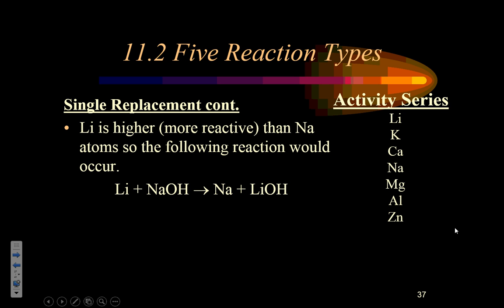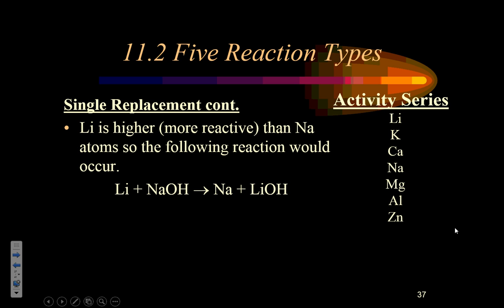If we look at the reaction Li and NaOH, Li is higher, which means, because the activity series is highest to lowest in reactivity, Li is more reactive than sodium, so it is chemically reactive enough to kick it out of the compound and take its place. So sodium gets left out in the cold and is now an elemental substance, and lithium has now taken the place of the sodium in solution.